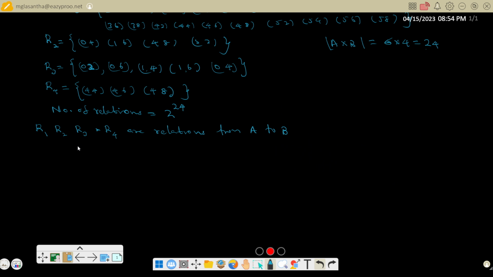So, in order to obtain these relations R1, R2, R3, R4, you have to consider A cross B, no? A cross B. Okay?